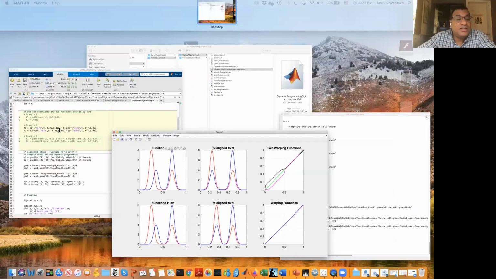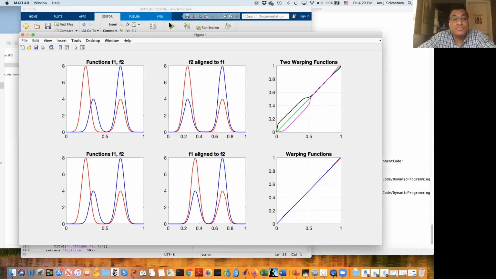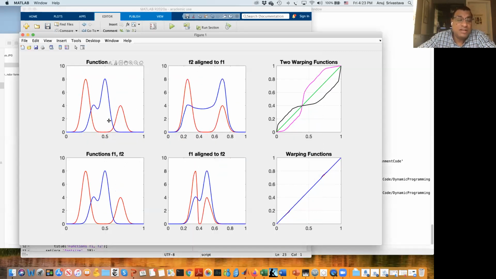Now let me take a third example. I have an example where in the blue, I have two peaks. They're not as prominent and they're quite close to each other, but the alignment is still meaningful because of the stretching. You remember we have this elastic metric; this whole thing is quite elastic.